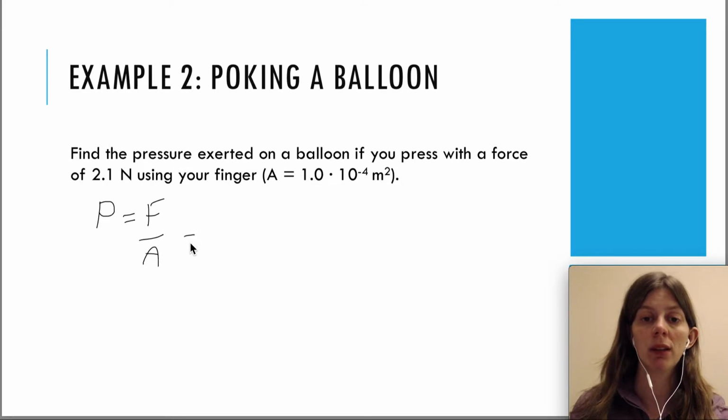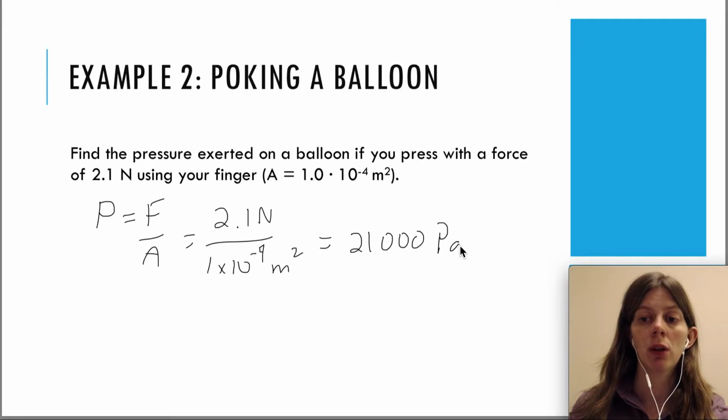All we have to do in this example is plug in our values. 2.1 newtons over 1 times 10 to the negative 4 meters squared. When we do this, we're going to get 21,000 pascals. Remember, newtons per meter squared is equal to a pascal. So you might think that this is a very large pressure.